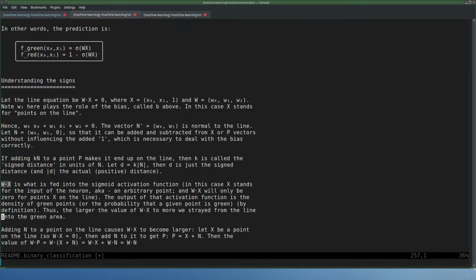Yep, because the sigmoid function is monotonically rising. If you make the input larger, then the output becomes larger as well, and larger output means into a green area. So same thing with the input: the larger, the greener.